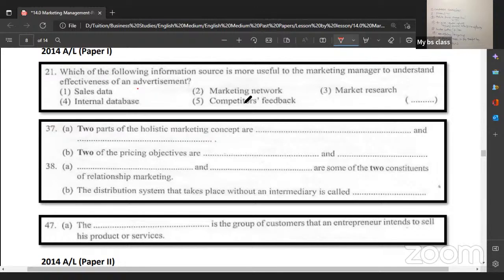It doesn't matter for us. Internal database is something internal, so why would we care about internal things? Marketing network is not the case either. It's not something you build. A marketing network is about suppliers and customers, contacts. So you have to go with number 1 or 3, sales data or market research.